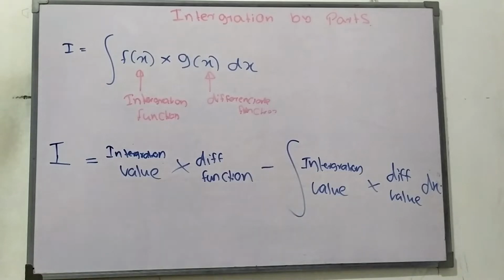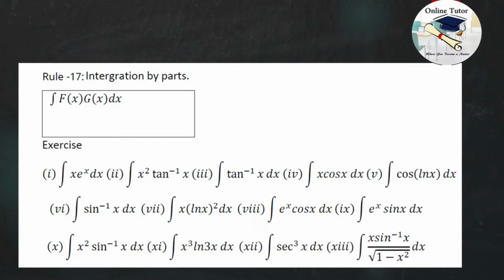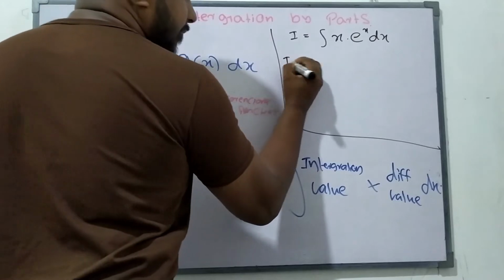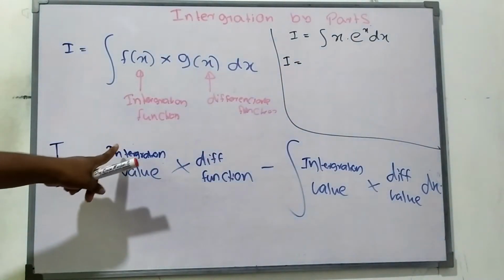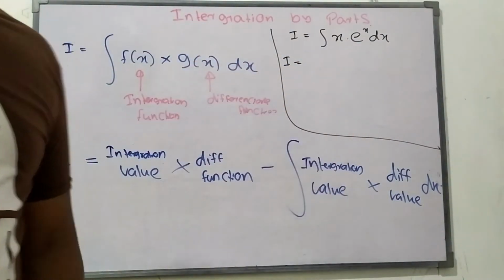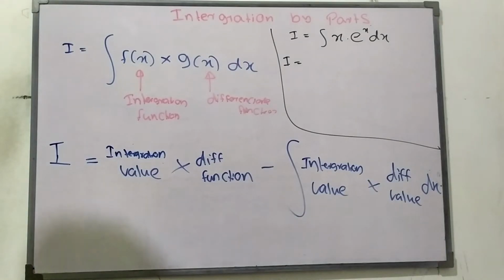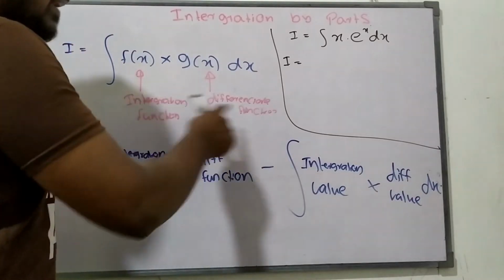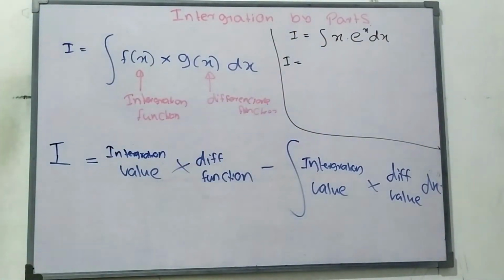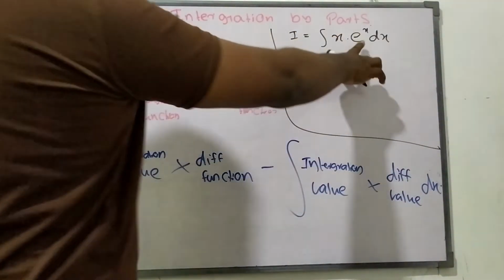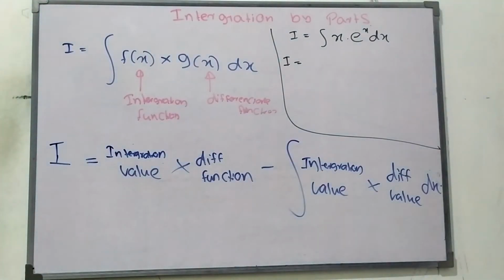As an example, I will discuss I = ∫ x eˣ dx. Follow my steps. First you have to select an integration function and a differentiation function. What is the suitable one? x can be integrated and differentiated both, eˣ also can be differentiated and integrated.